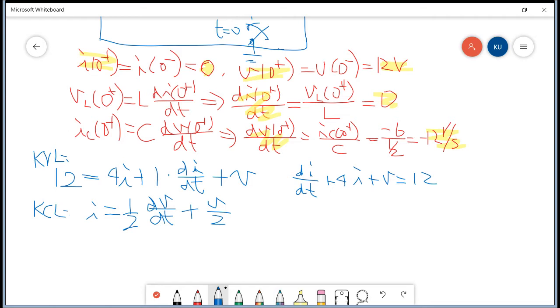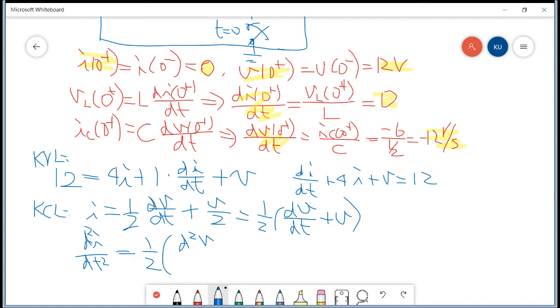And actually the second one, similarly, we can write it like this: dV dt plus V, like this. So we can write that the second derivative of I will be 1/2 second derivative of V dt squared plus dV dt.